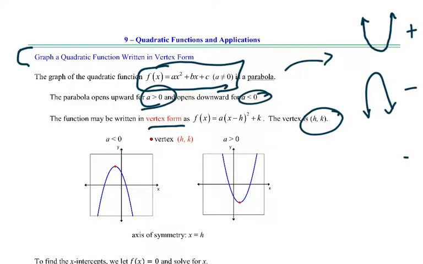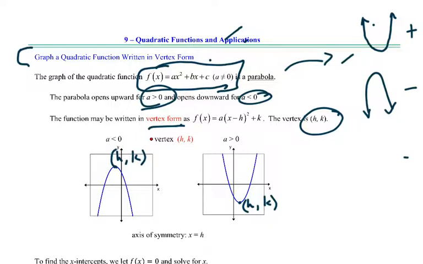That gives us the value at the very minimum or maximum of our function, depending on whether our a value is positive or not. So the vertex form is very helpful because it actually gives us the numerical value and the coordinate pair assigned to our vertex, or maximum or minimum, of our quadratic function.